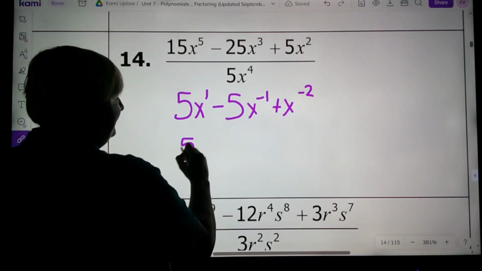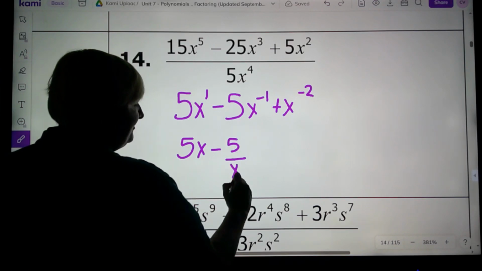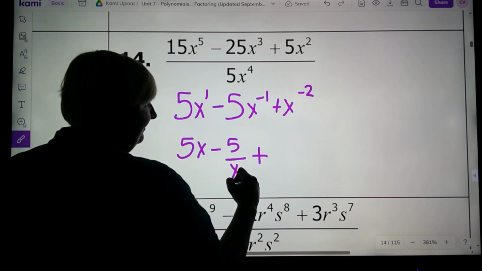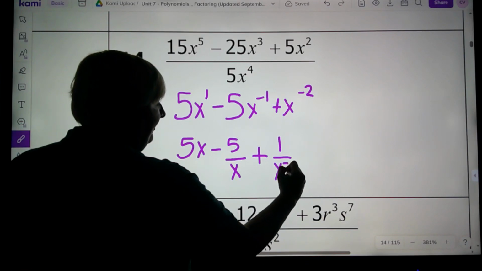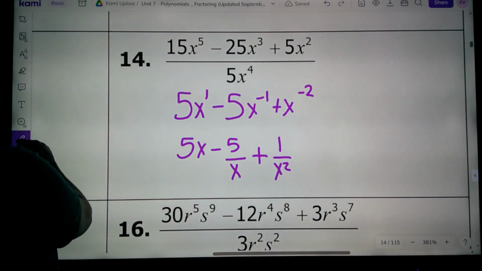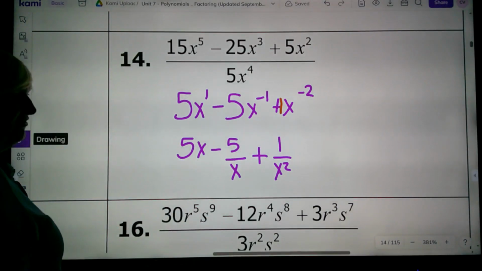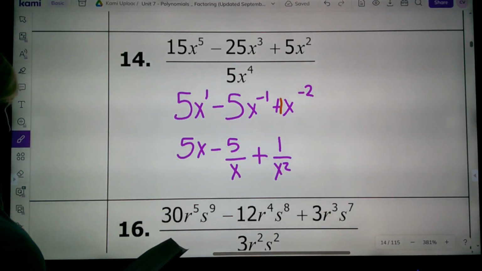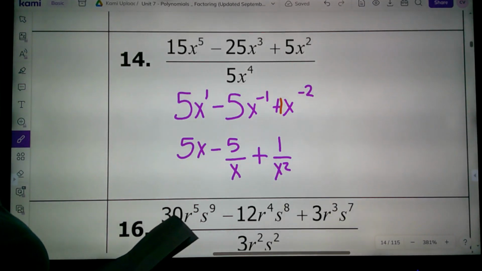So 5x stays the same, and then you're going to subtract 5 over x, and you're going to add the invisible 1 over x squared. You said, what invisible 1? I heard you. This one, right here. There's always an invisible 1 before a variable. That's perfect. 5x minus 5 over x plus 1 over x squared.